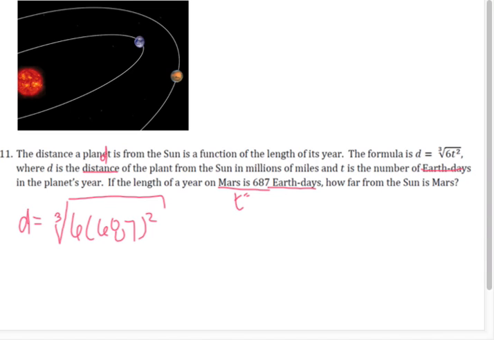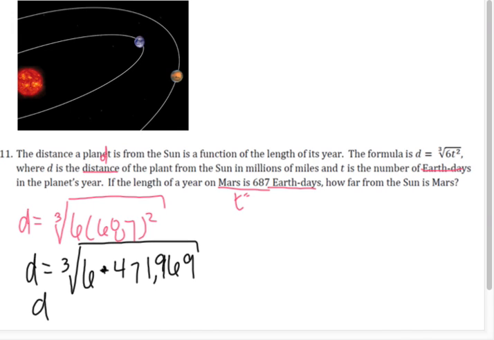So if you go on your calculator and you take 687 and you square it, I would get 471,969.